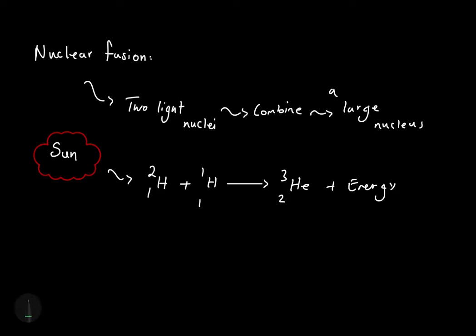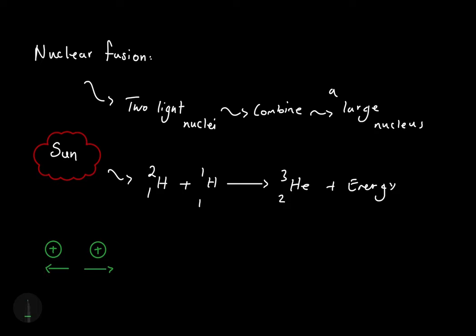Now, one thing you need to understand about fusion is that in order for two nuclei to really fuse together, they need a lot of energy. Technically, there is an electrostatic repulsion between the nuclei, since you can imagine them both to be positively charged, and like charges repel.